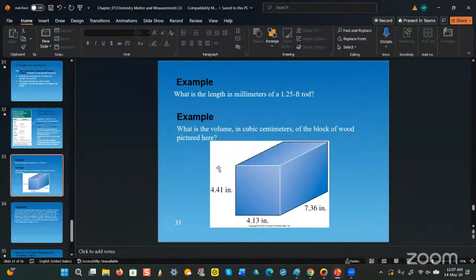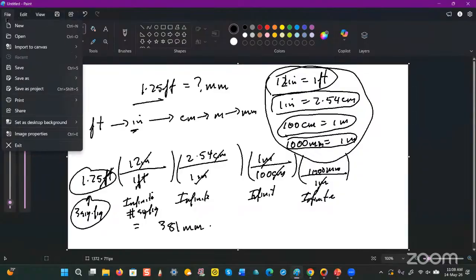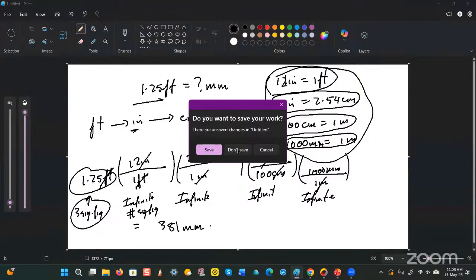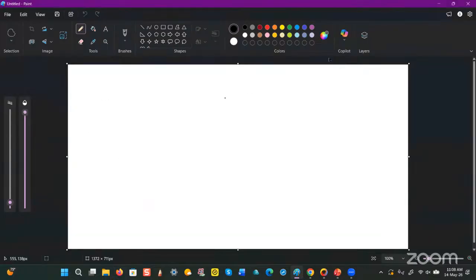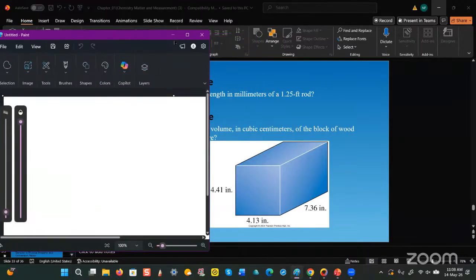Okay, so the next question is saying, what is the volume in cubic centimeters of the block of wood pictured here, all right? So they gave you this block of wood, and the dimensions 4.41 by 4.13 by 7.36. So let me go back to this right here, and let me write down these values here.